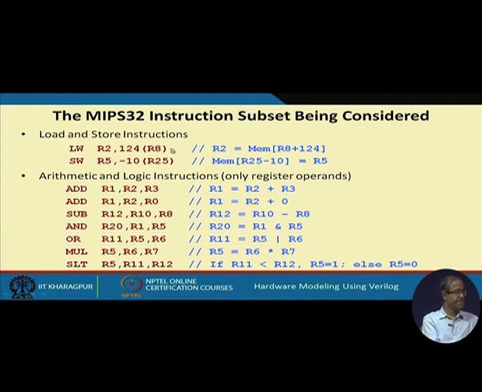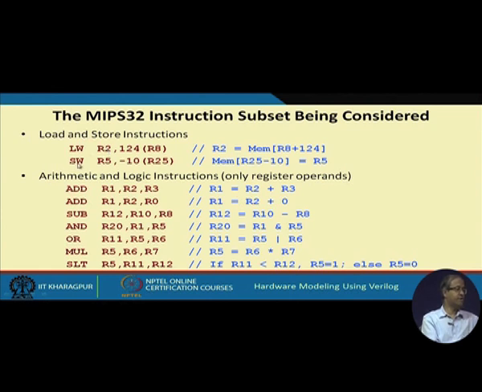The meaning is that the value of the R8 register is added to this number we have specified, which we call an offset. We add them up, and that is treated as a memory address. From that memory address, we read the content of the memory location, and the data is loaded into R2.